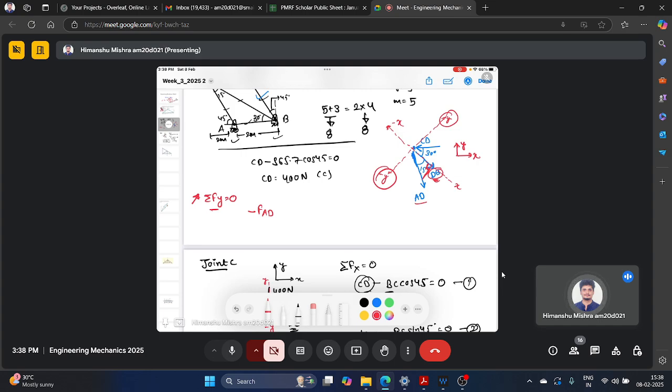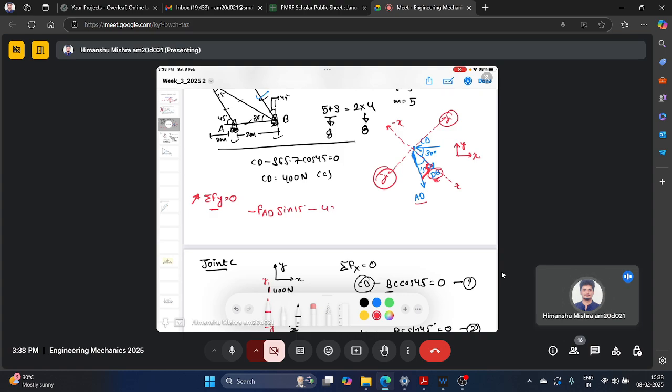So it will be sine 15, right? If you make a triangle here, this is the 90-degree angle, and sine is the ratio of this part of the triangle and this part of the triangle. So this is AD, and this part of the triangle you want to know, which is FAD sine 15. So this is one of the things.